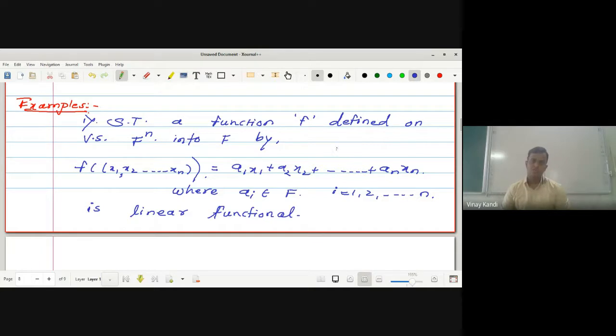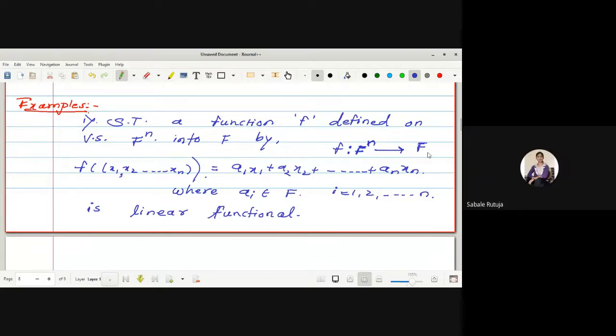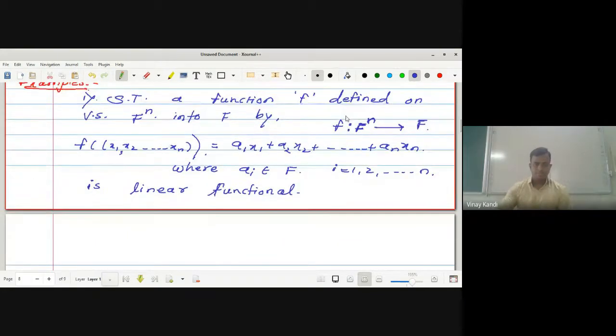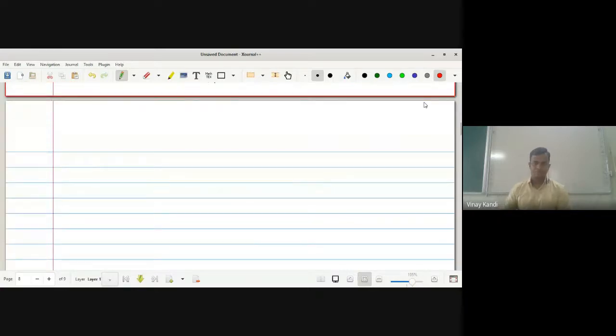Your function f is defined on F^n into F, so the codomain is F. So this is a linear functional. We have to show that it is linear, so we have to prove the condition of linear transformation: f of c alpha plus beta is equal to c times f of alpha plus f of beta. Okay, look at the proof.